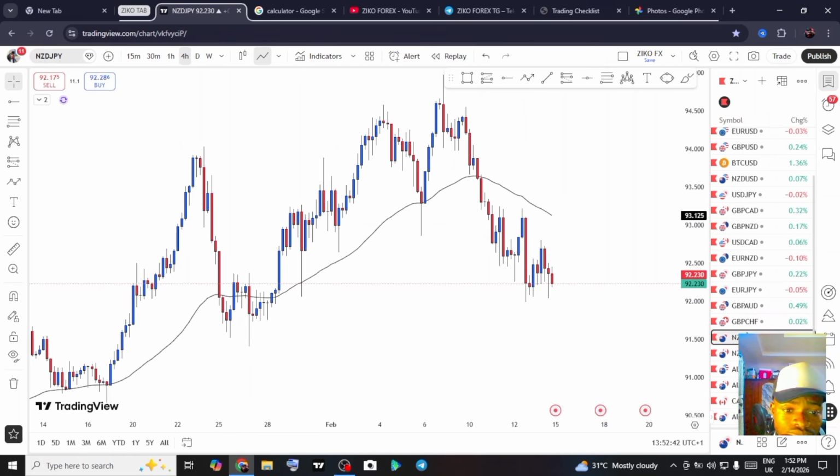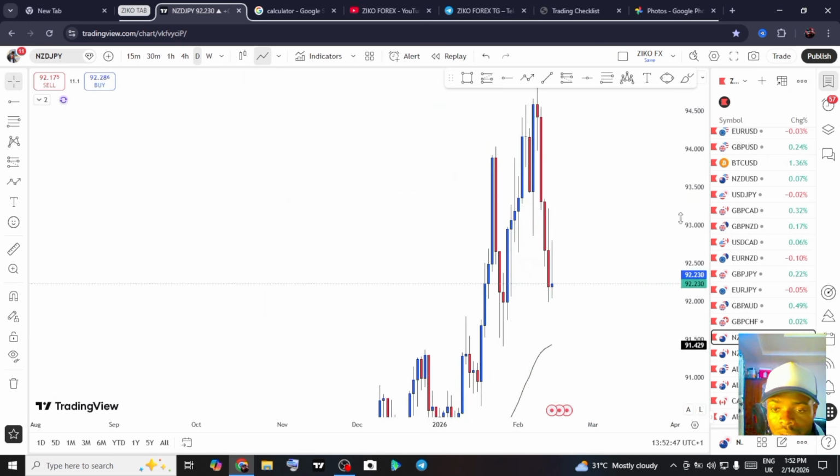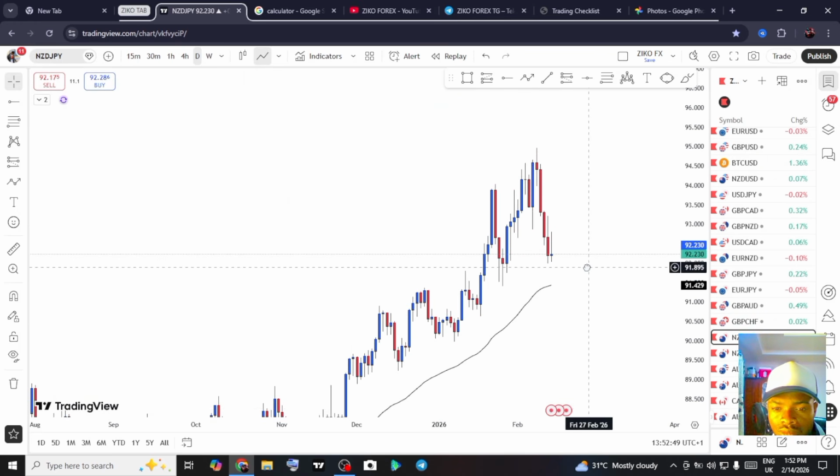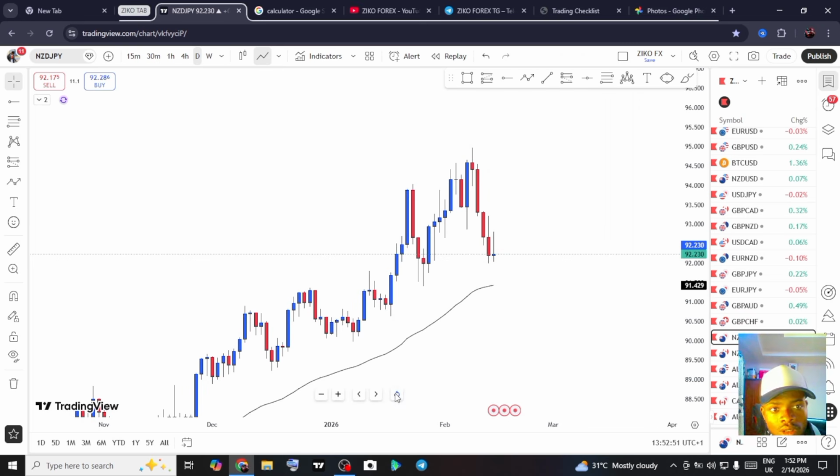NZDJPY. Daily time frame, no area of interest right here that I can see. First of all, right?